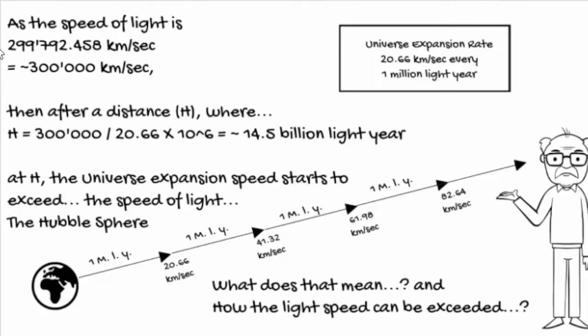Let's change the color. Okay, this is better. So if there is a star or galaxy here, and we are measuring the speed of expansion of this galaxy from planet Earth, which is also in a radial direction, we find, for example, that it is 500 kilometers per second.